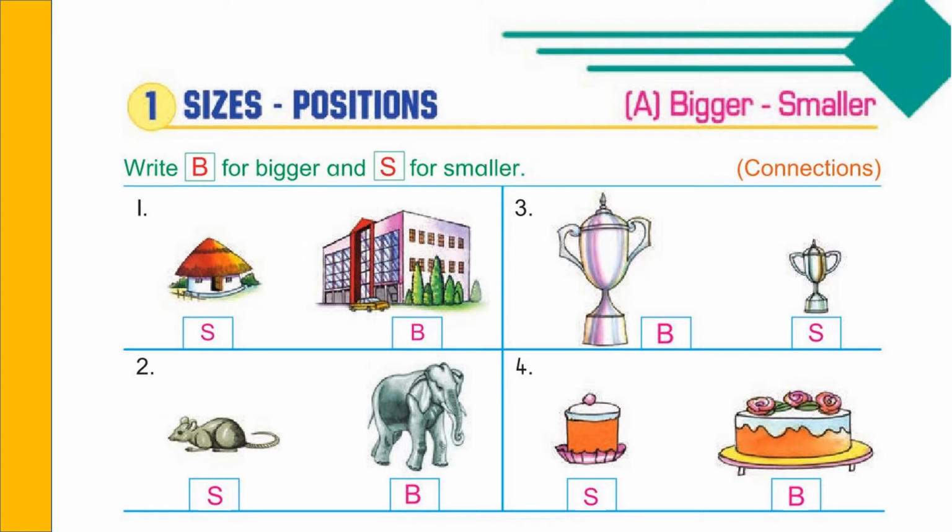We are using 2 words, bigger and smaller. Did you get it? Whenever we see similar things, we have to compare them. For example, the smaller chocolate and the bigger chocolate. Okay, next go to the second one.